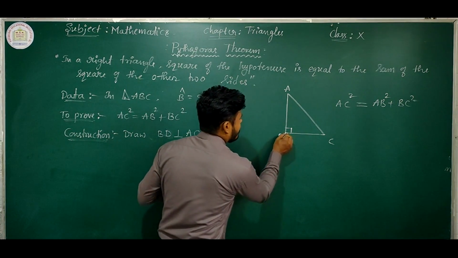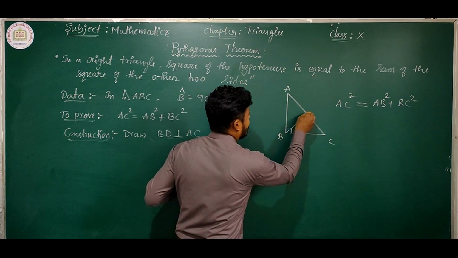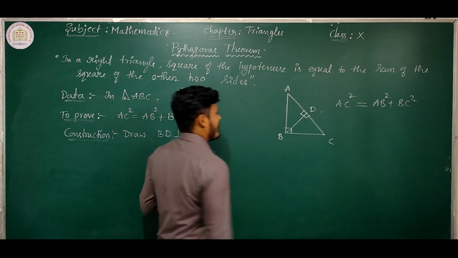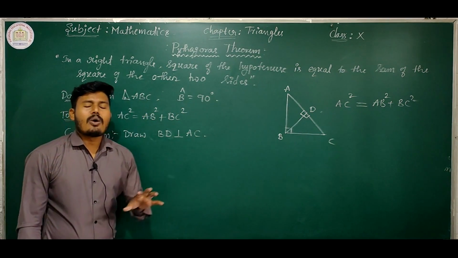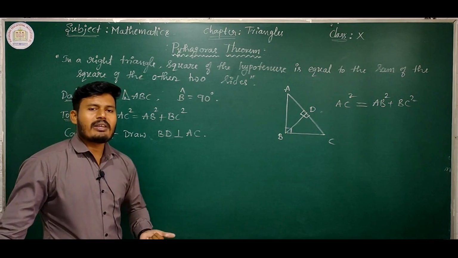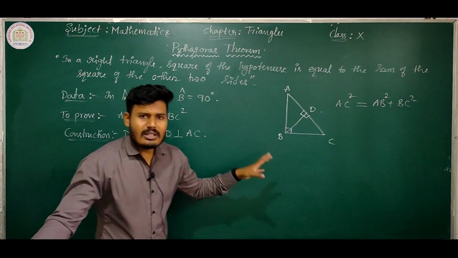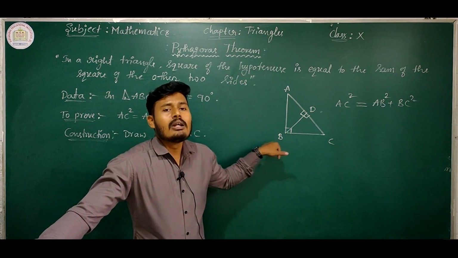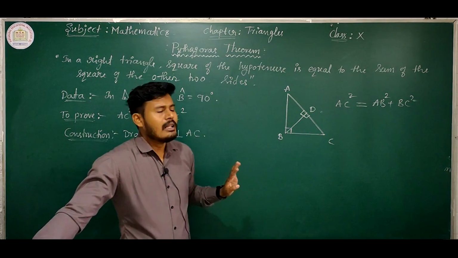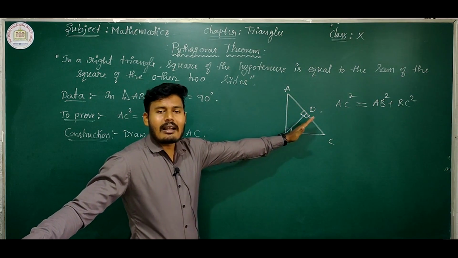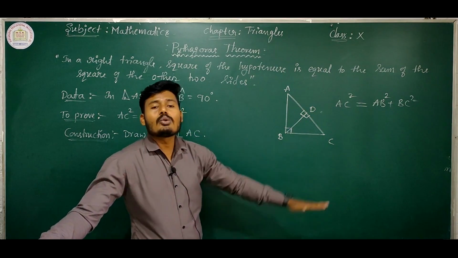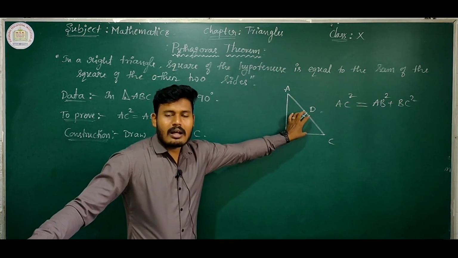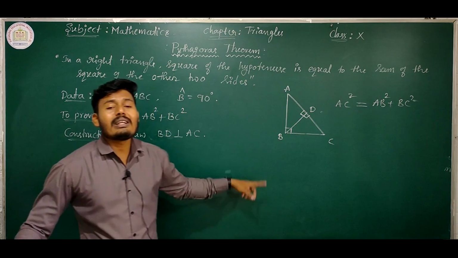So this is perpendicular, point D, because we already know the statement of the previous theorem. If you draw a perpendicular from the right angled vertex of a right angle triangle to the hypotenuse, then that perpendicular line divides it into two right angle triangles, and those two parts are similar to the original triangle.